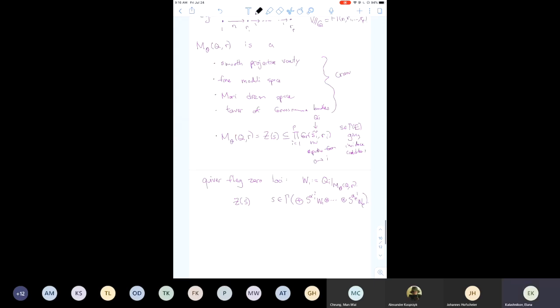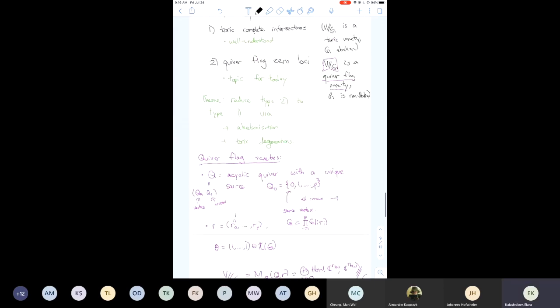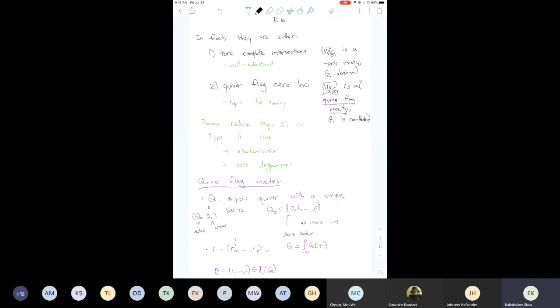So that's what you need to know about quiver flag zero loci, the second type of Fano varieties that show up in the dimension less than 3 Fano classification.